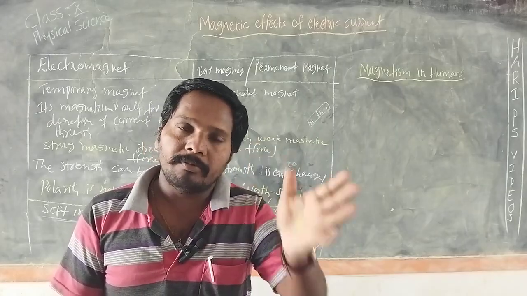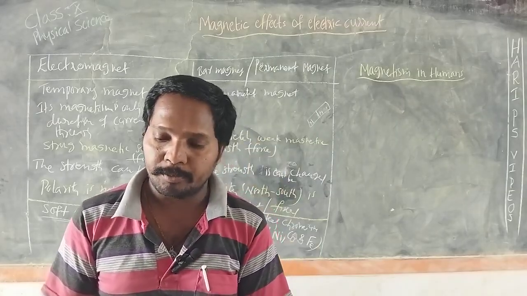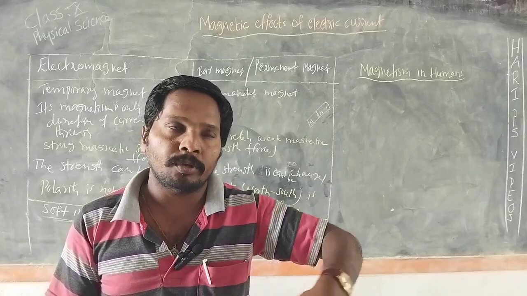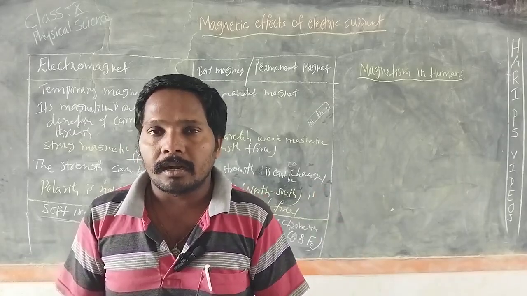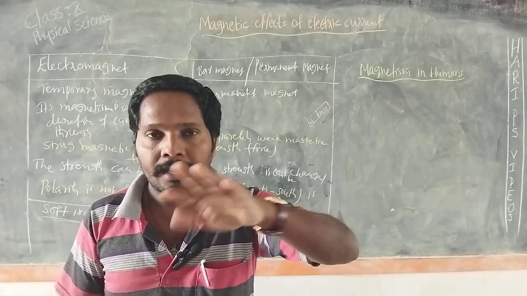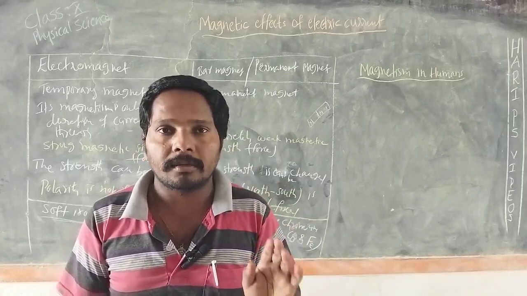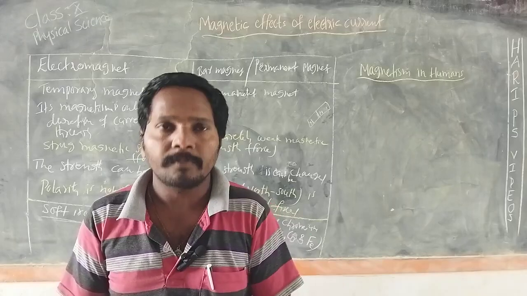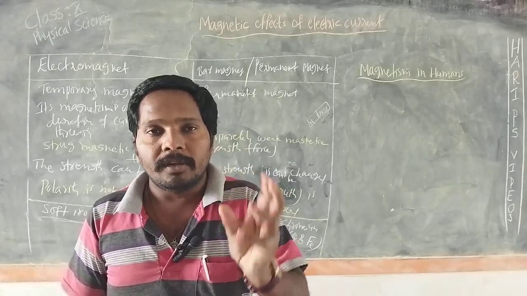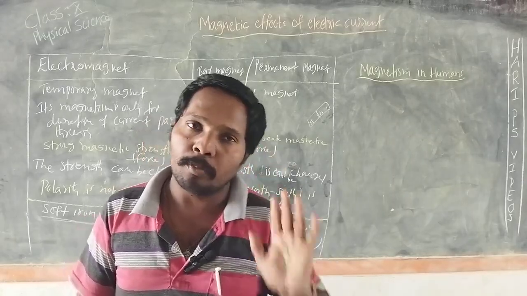So an extremely weak current is produced in the human body by the flow of some ions. That current is called ionic current. These small ionic currents pass through the nerves, so a magnetic field is formed in our human body.